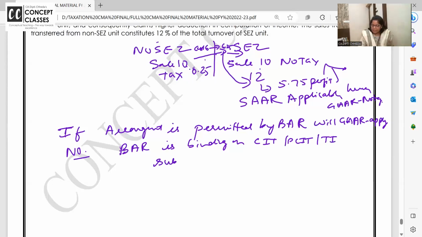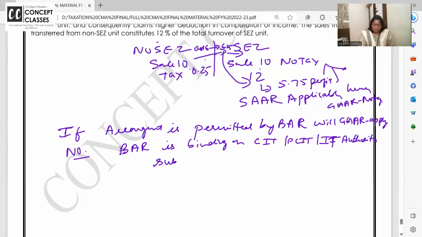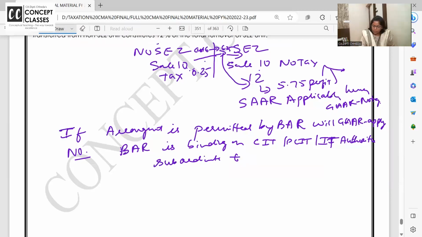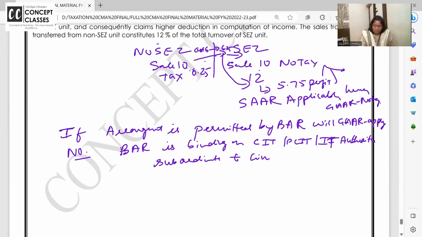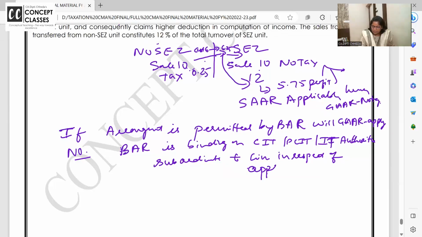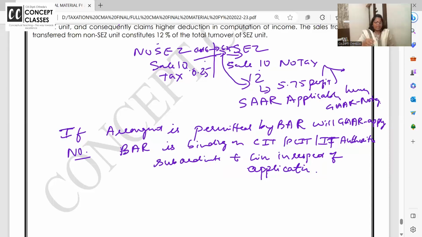PCIT या फिर इनकम टैक्स अथॉरिटीज जो भी हैं उससे लोअर, subordinate to him, in respect of application. देखो एक बार पढ़ो, क्लियर है या नहीं?